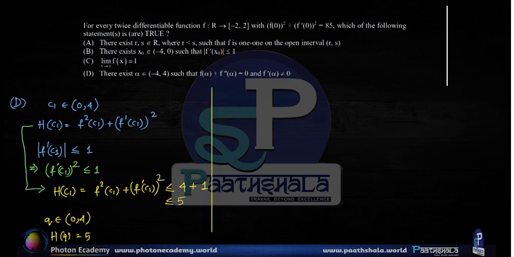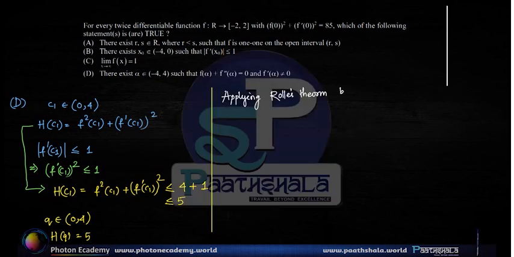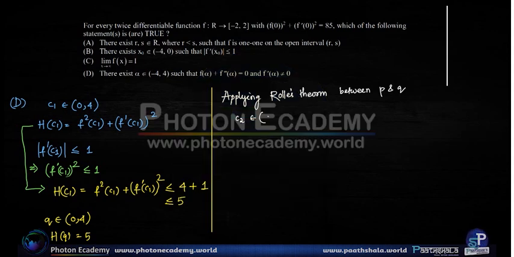Applying Rolle's theorem between p and q, we get there is some C, let's take it as C2, which belongs to p and q such that h of C2 is equal to 0.